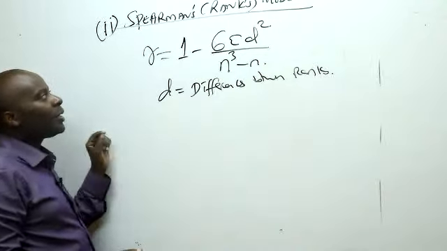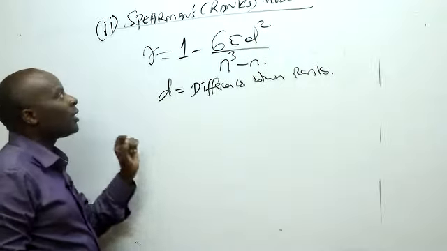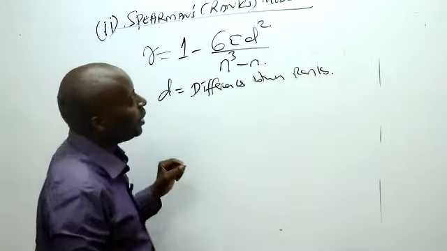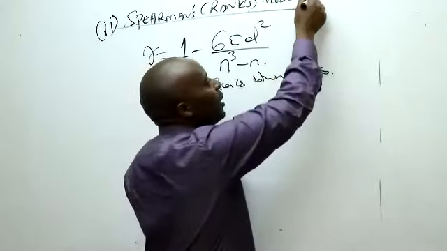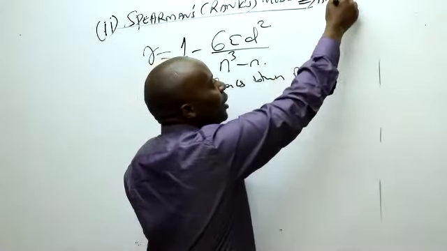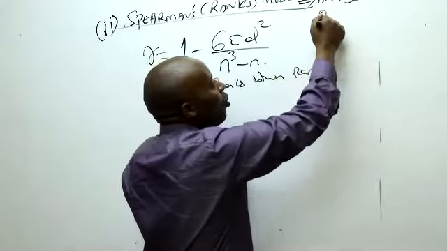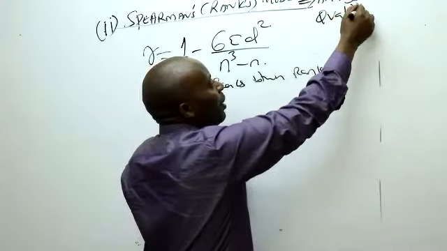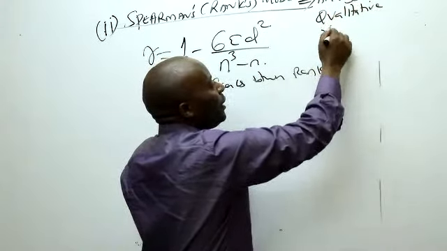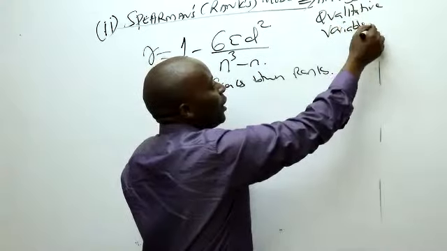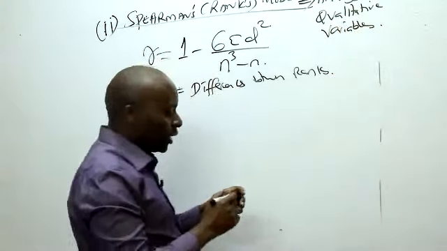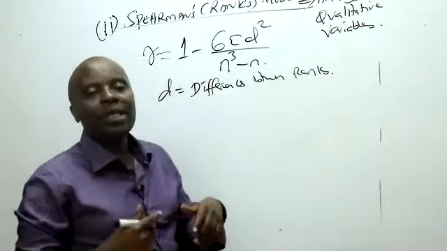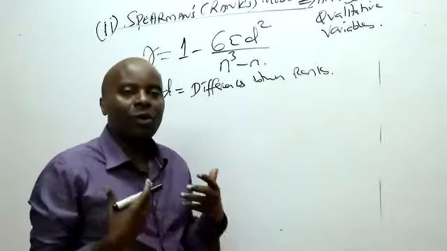And then the most important thing that you're supposed to know, ladies and gentlemen, regarding Spearman's model is that it is normally used to analyze qualitative variables, those variables that are neither measurable nor countable.